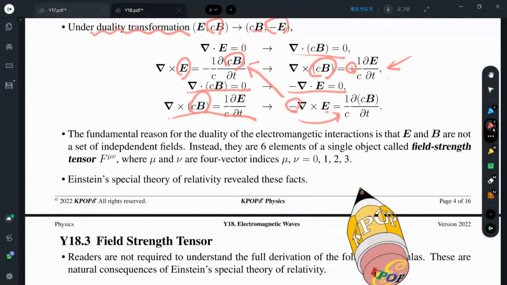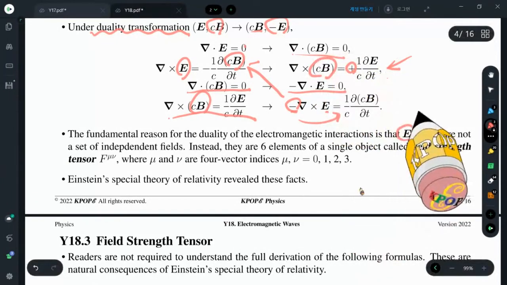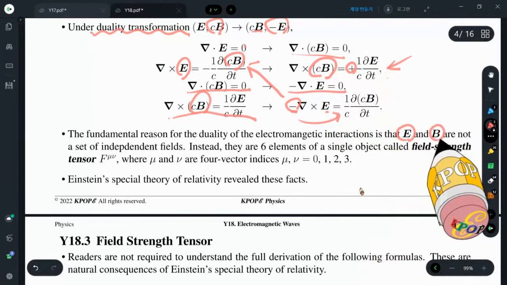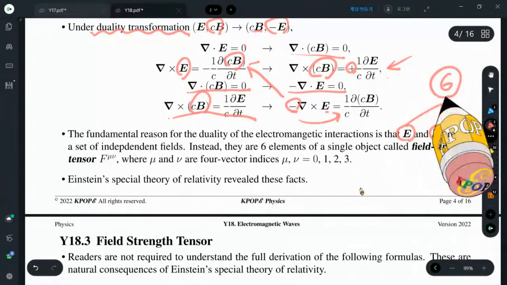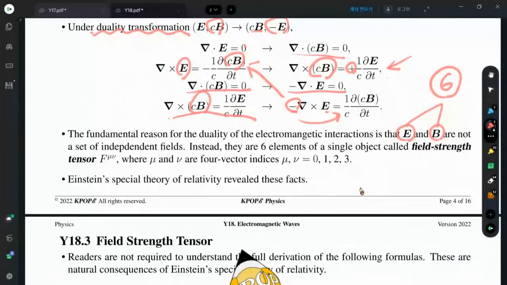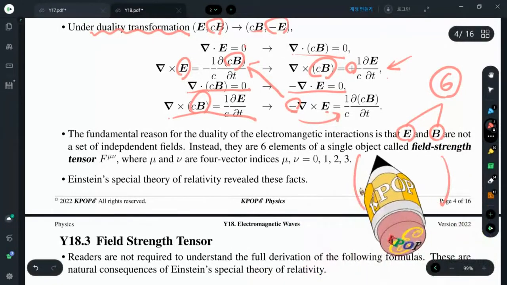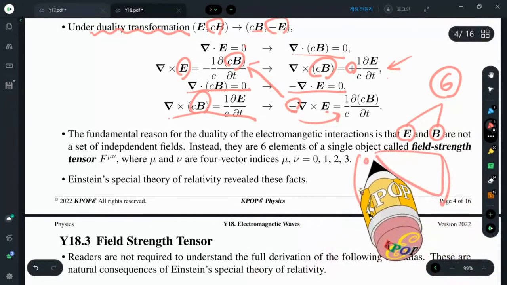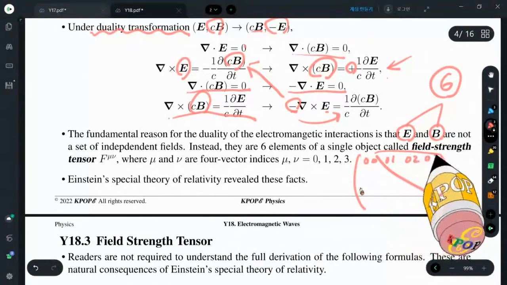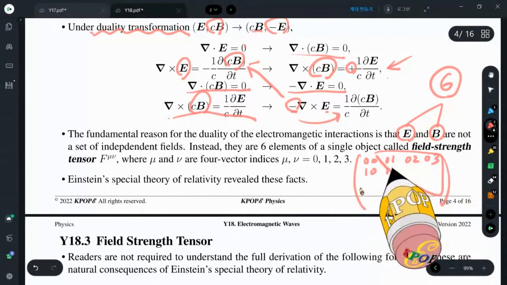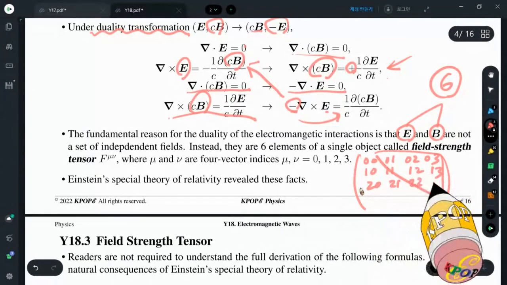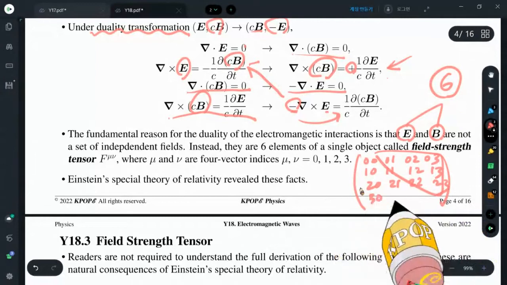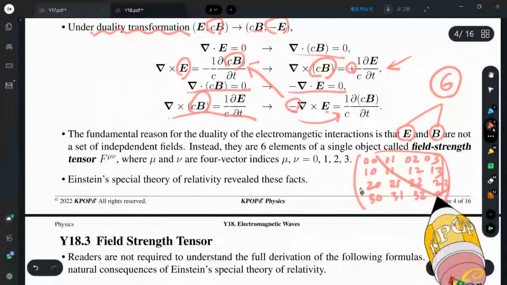And actually, he found that the three components of electric field and three Cartesian components of magnetic field, there are six independent components, and these are actually the entries 00, 01, 02, 03, 10, 11, 12, 13, 20, 21, 22, 23, 30, 31, 32, 33.